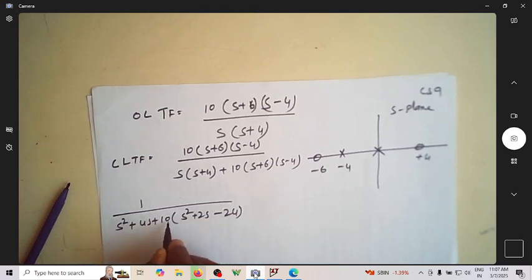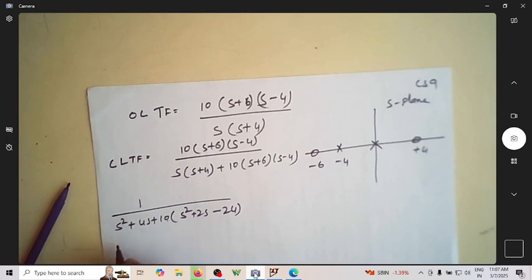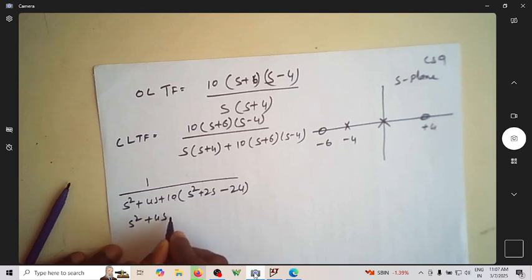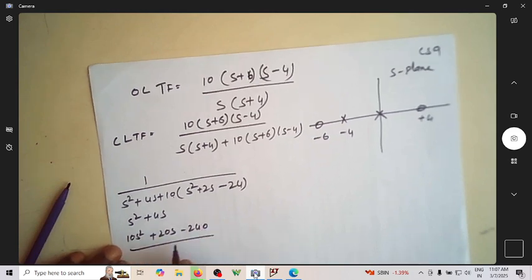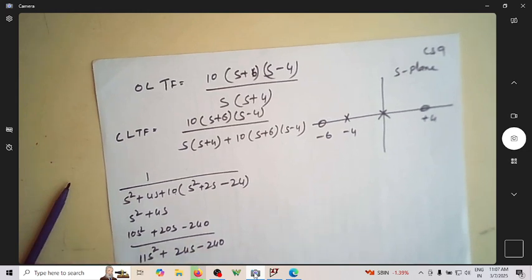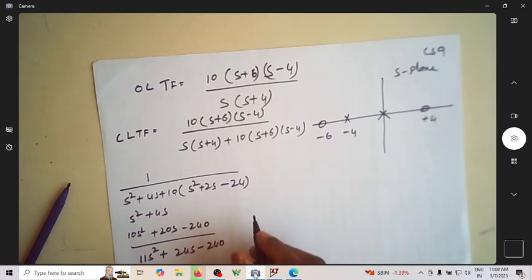It is now s square plus 4s plus 10s square plus 20s minus 240. So it is actually 11s square plus 24s minus 240. Correct? Can I find the roots of it?